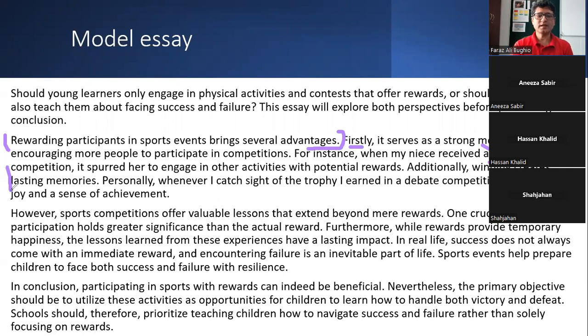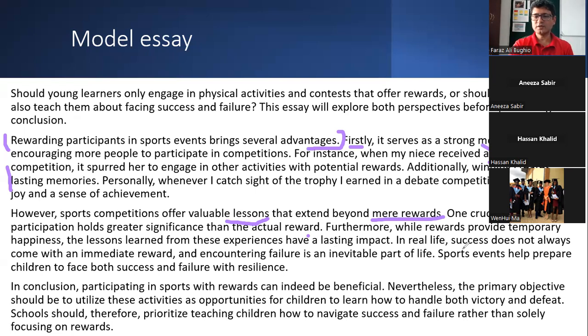But then, however, sports competitions offer valuable lessons that extend beyond mere rewards. So here I'm talking about how reward is not the only reason that these competitions should be there. One crucial lesson is that participation holds a greater significance than the actual reward. Furthermore, while rewards provide temporary happiness, lessons learned from these experiences have a lasting impact.